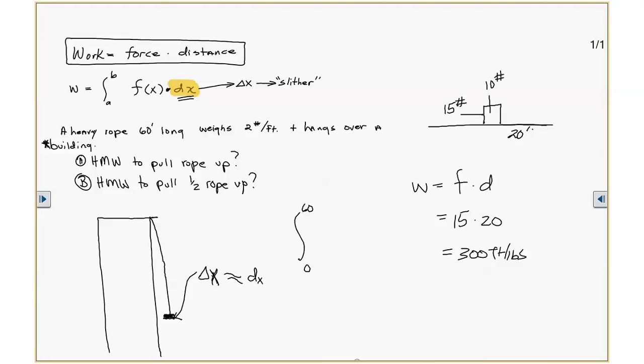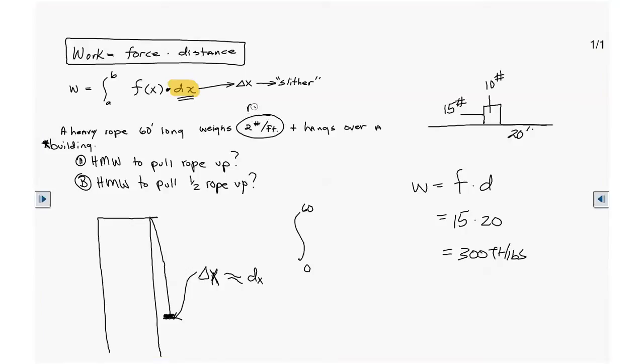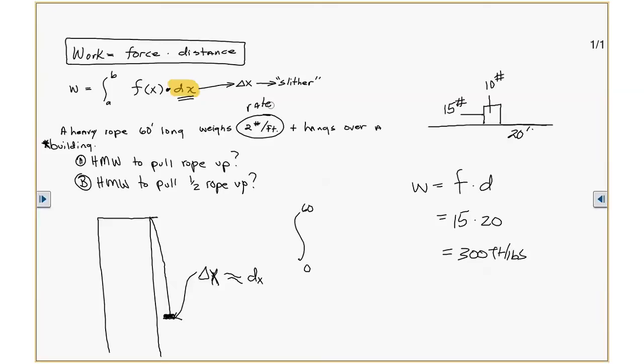Now, we know that the slice is going to be 2x because of what? There's your rate right there. Think of this as a rate. Remember how we had to have a rate in the related rates problems? Well, technically that's your rate.